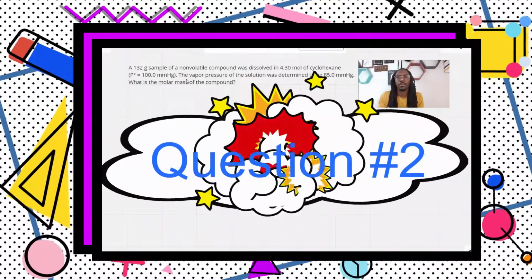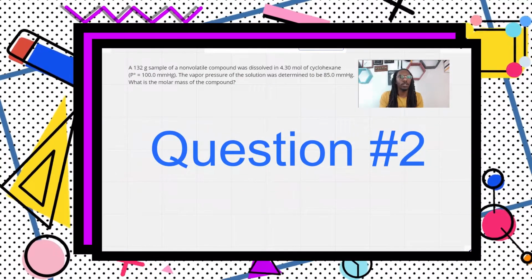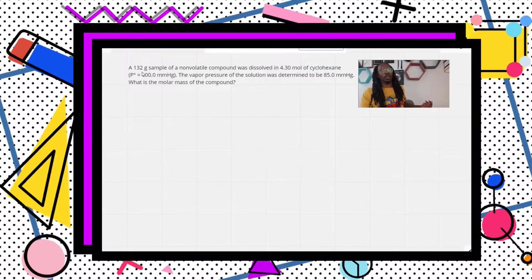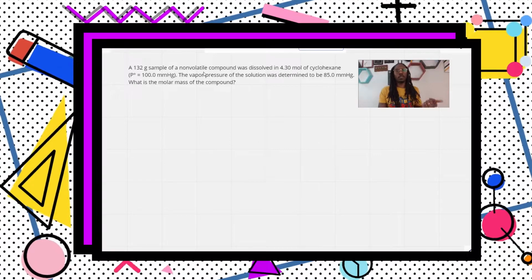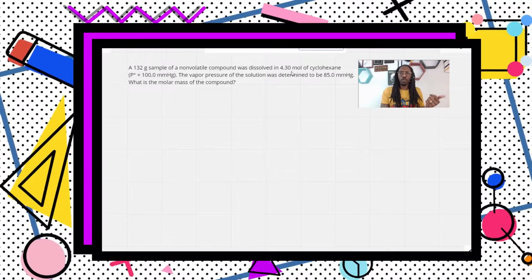Here's your next question. We have a 132 gram sample of a non-volatile compound, and it's dissolved in 4.3 moles of cyclohexane, and we have the pressure for it too. The vapor pressure of the solution was determined to be 85.